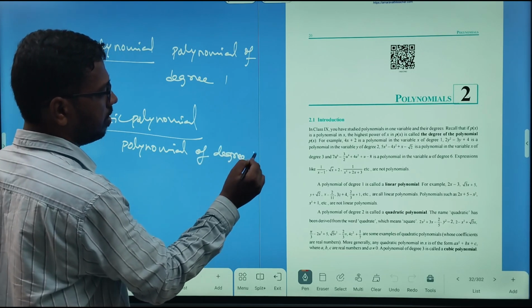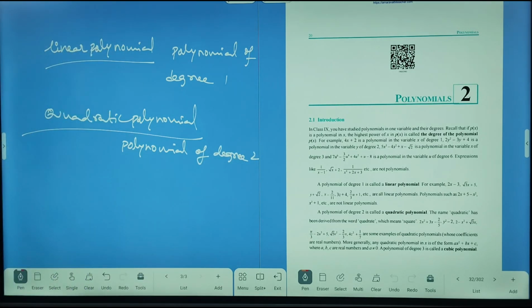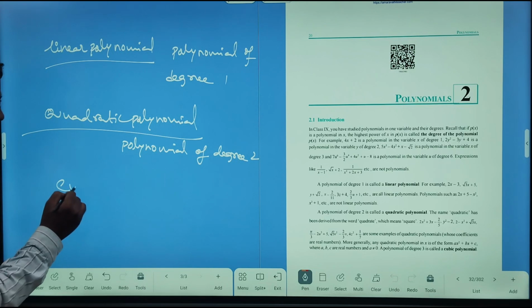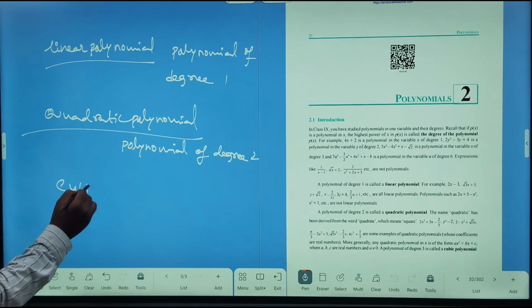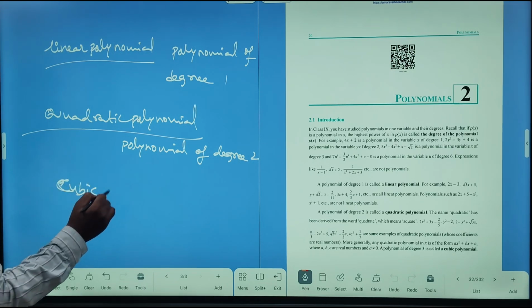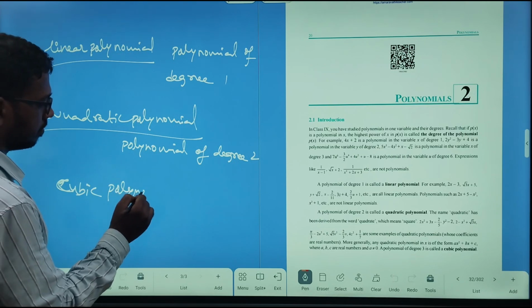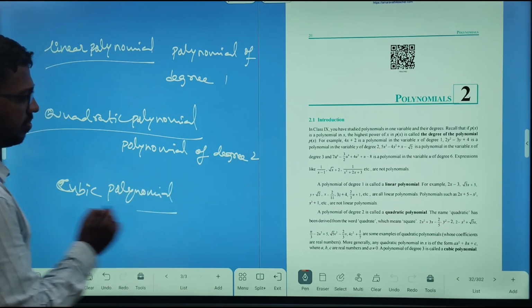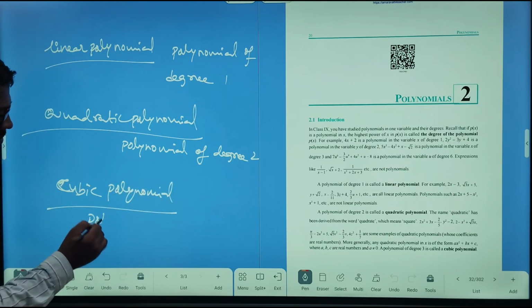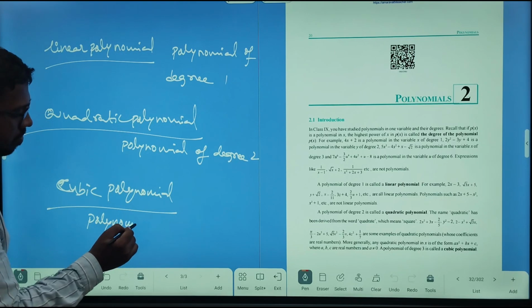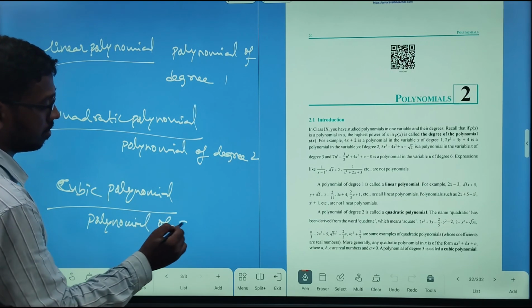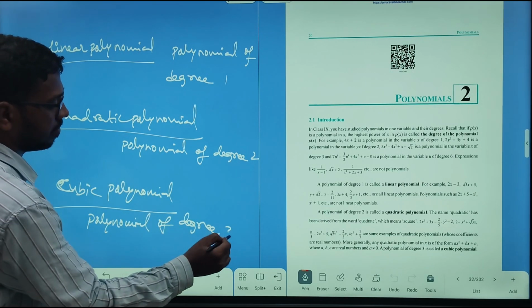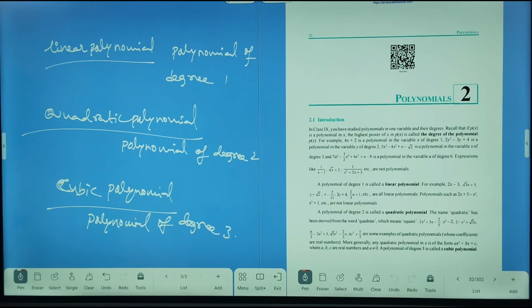A polynomial of degree 2 is called a quadratic polynomial. Cubic polynomial means a polynomial of degree 3. A polynomial of degree 3 is called a cubic polynomial.